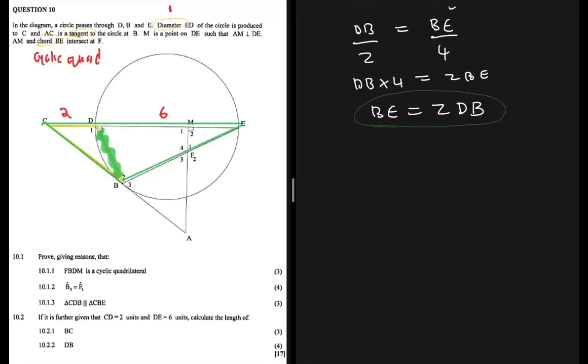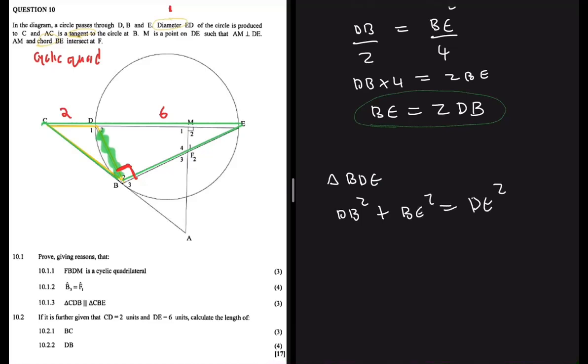So there's something to realize here. We said that B2 is 90, right? So if B2 is 90, that means that triangle BDE is a right angle triangle, right? So we can say DB squared plus BE squared is equal to DE squared.